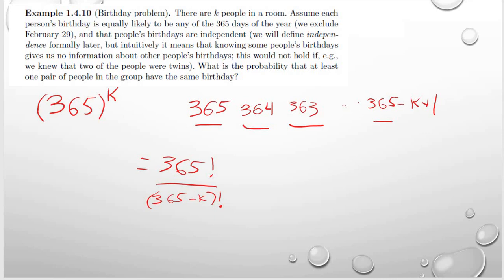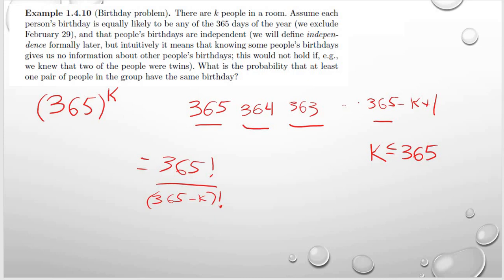Now you'll notice that we have to assume that k is less than or equal to 365. Clearly, if we have more than 365 people, and we're not worrying about leap years, then we will have some repetition.